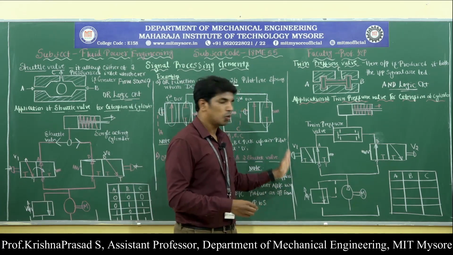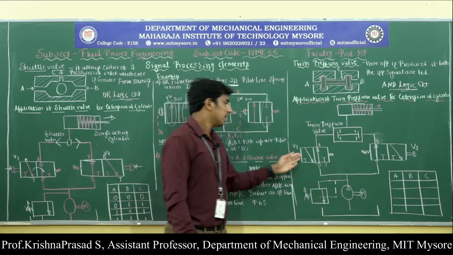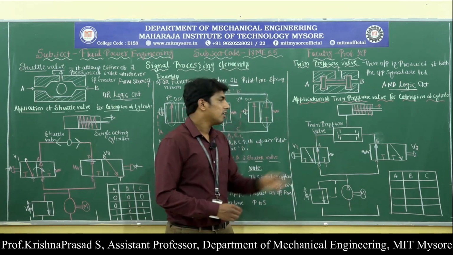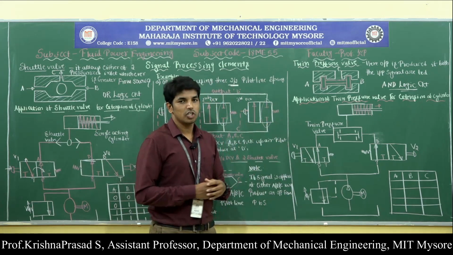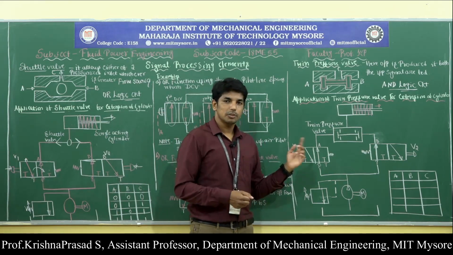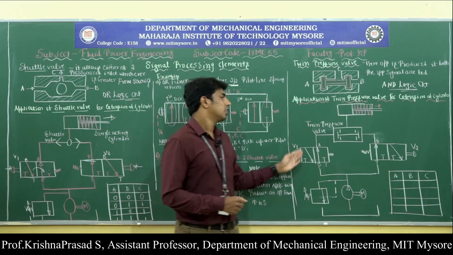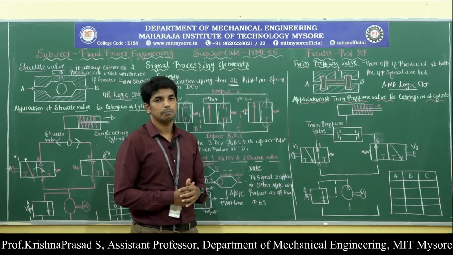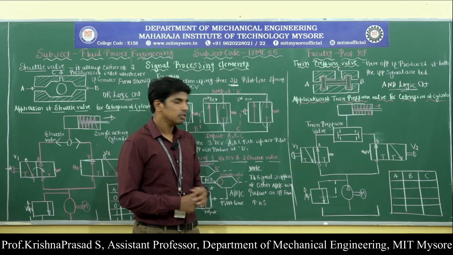It consists of 2 push button operated spring return normally closed direction control valves, connected to the twin pressure valve, and this twin pressure valve is connected to the single acting cylinder for the extension stroke. Here also there are 3 conditions.